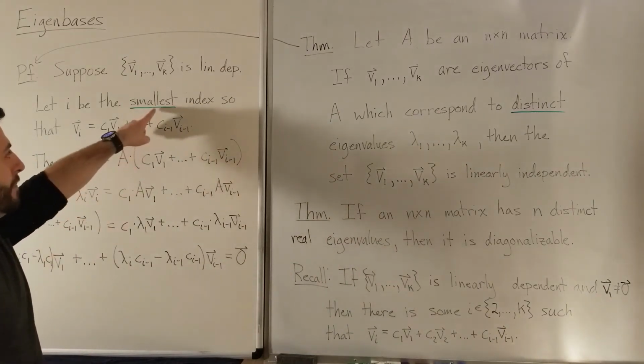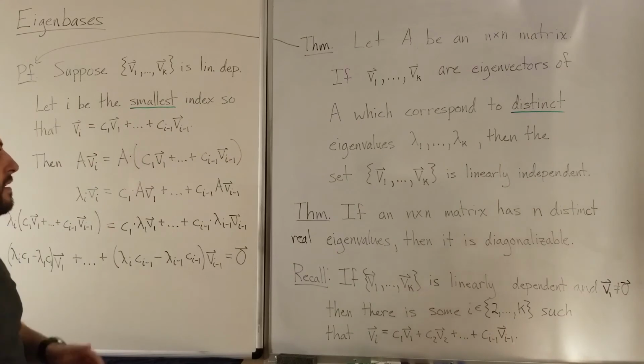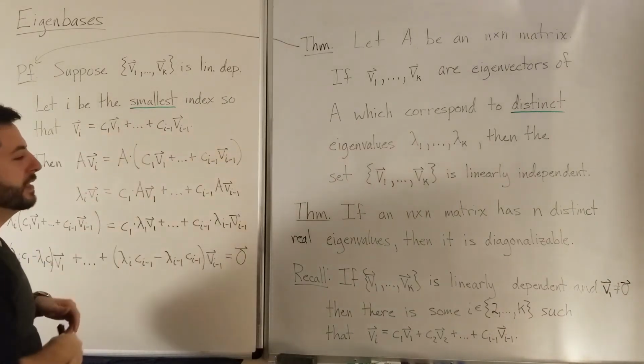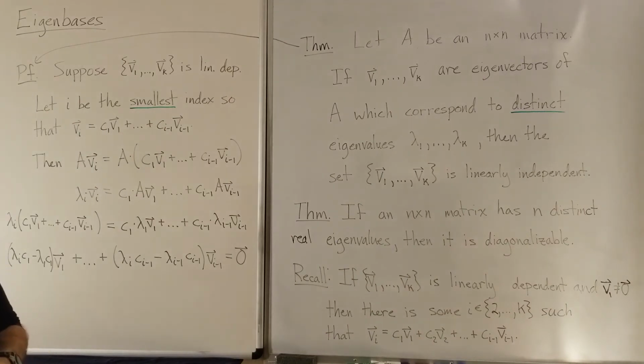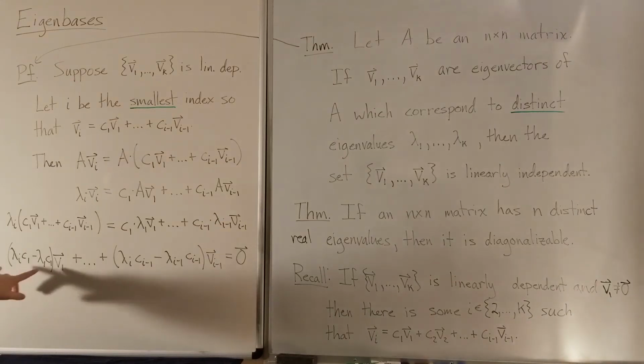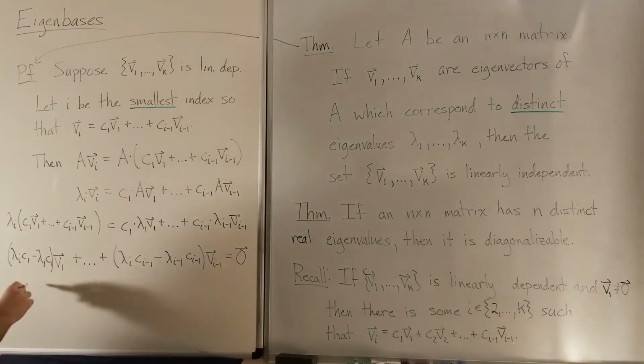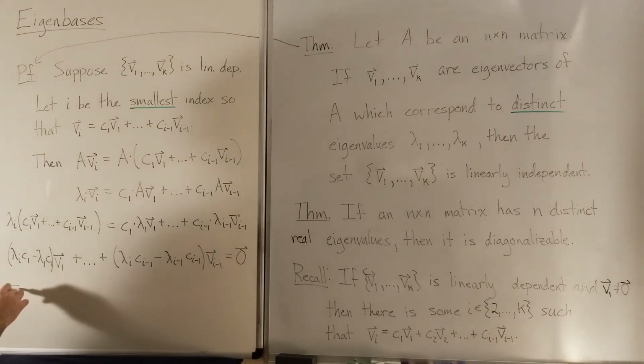And I know that can't happen because I have the smallest one, right? So there can't be a smaller one. Therefore, these vectors, v1 through v_{i-1}, must be linearly independent. Since they're linearly independent and I have a linear combination of them equaling 0, each of these terms, which are the coefficients, must be 0.